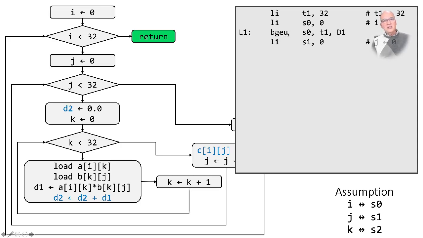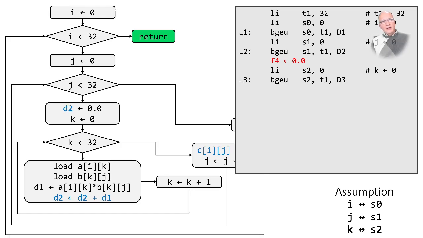And then I initialize j to 0, and then I check whether j is less than 32, and then I initialize D2. I'm going to use the floating point register F4 for D2. Those are registers that we haven't used too much in 229 yet, because we haven't worked much with floating point numbers yet. And then I test to see whether k is less than 32.